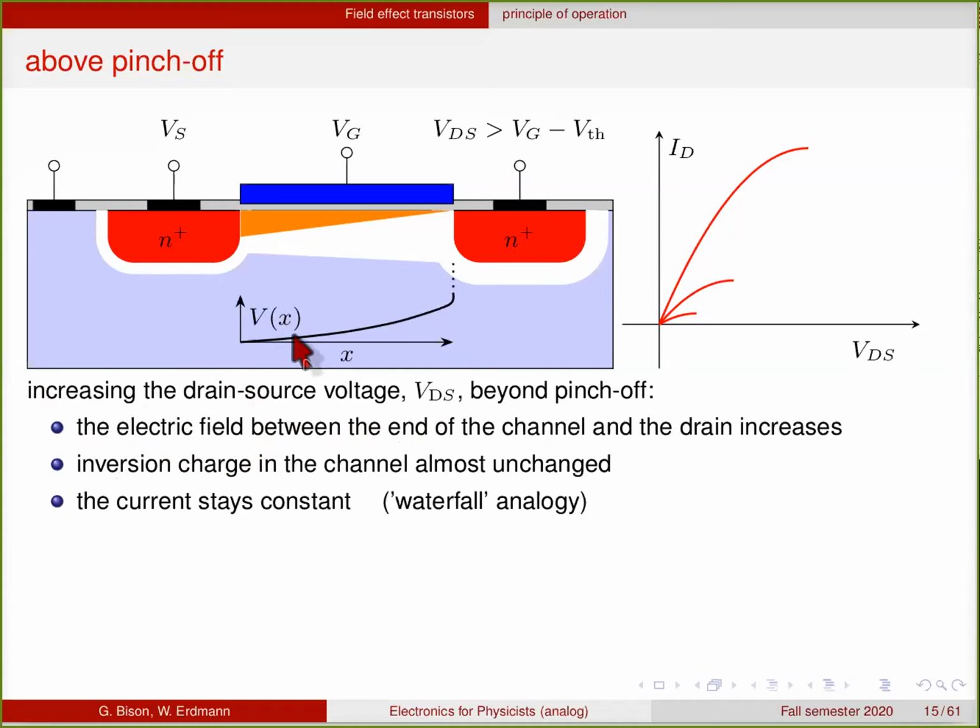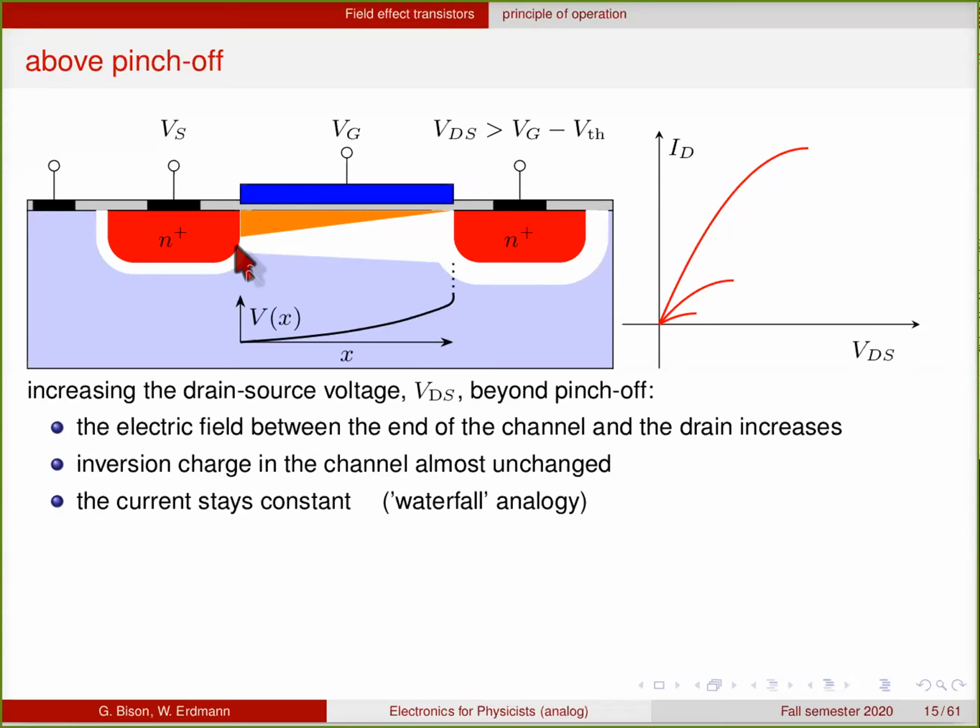So if you plot the voltage, it goes like this. You have this increasingly steep curve here, and then here it just jumps to the drain voltage. However, the current will not change because the inversion charge in the channel does not change. So the current that flows through this remains constant.